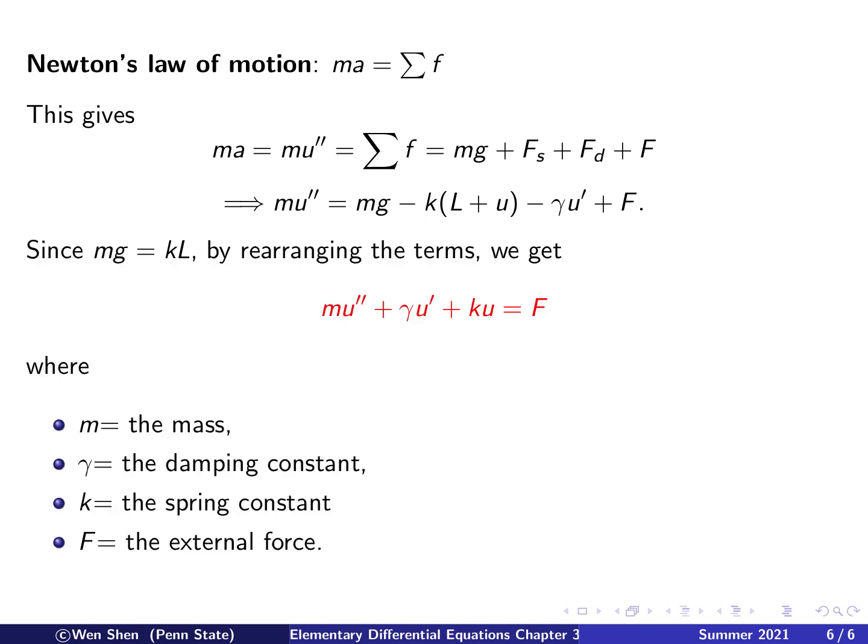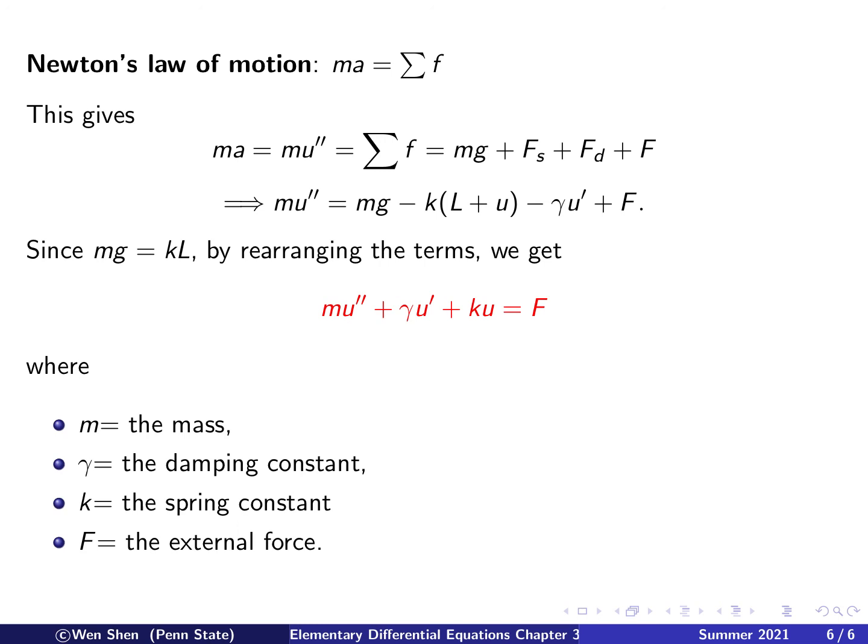Okay, and we see that a little simplification can be made in this equation, because we know that mg equals kL, because that's how you could compute the spring constant, right? So if that is the case, then if you distribute the k into two terms, the negative kL will cancel the mg. So that term is gone.